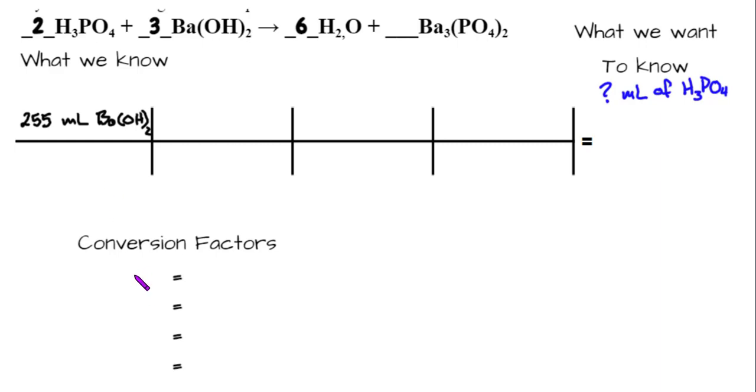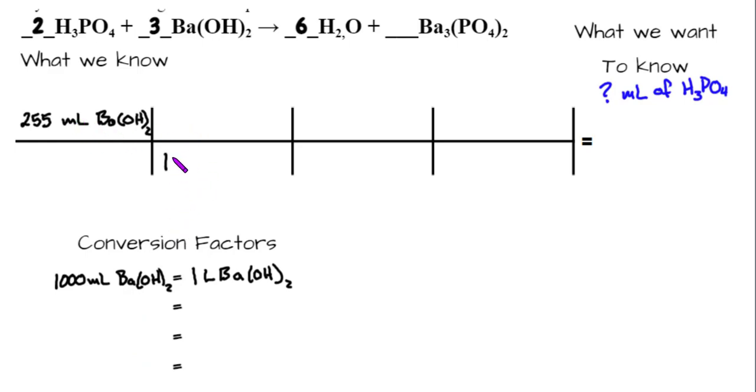I can use dimensional analysis to figure this out. Well, we're in the units milliliters, so I need to go, let's see, 1,000 milliliters of Ba(OH)2 is the same as 1 liter of Ba(OH)2. That will get me in the units from milliliters to liters.